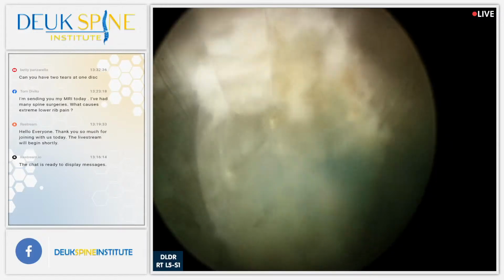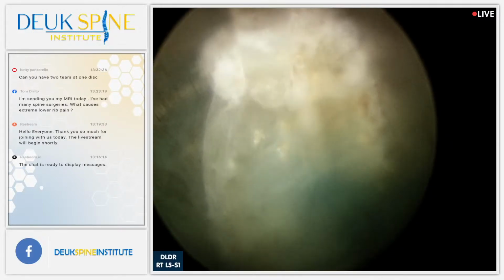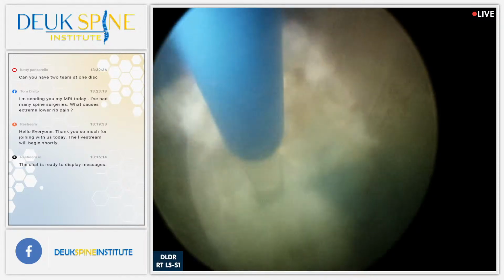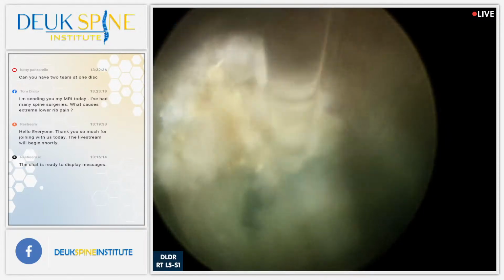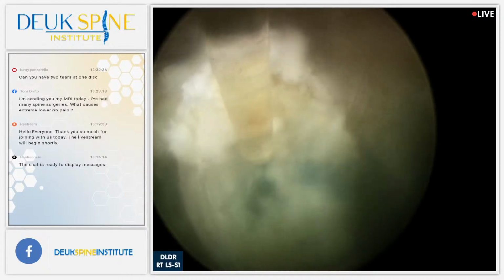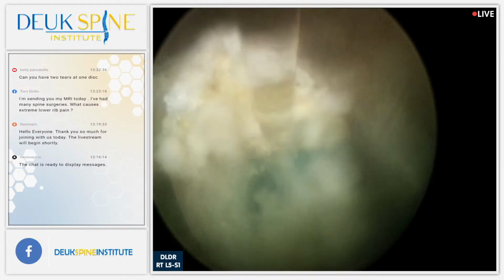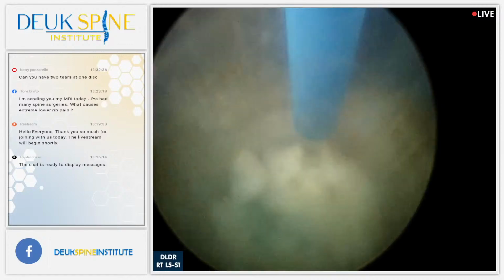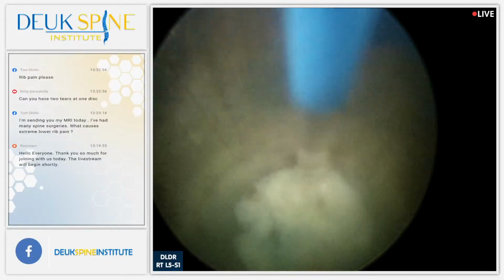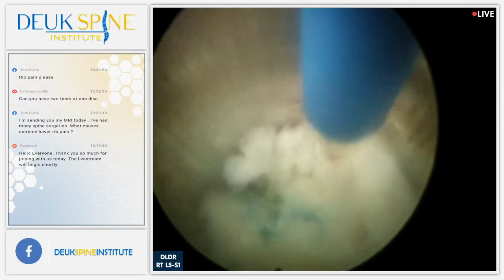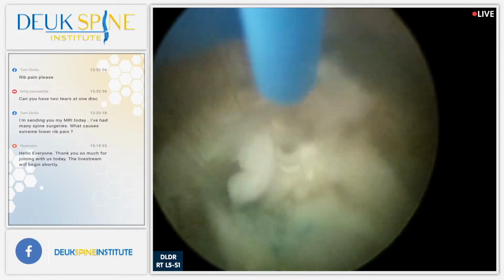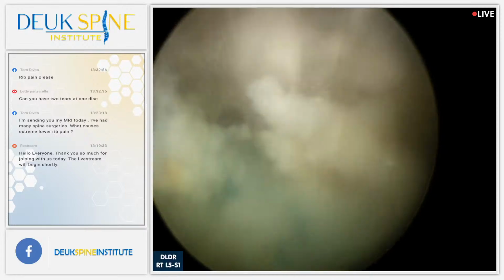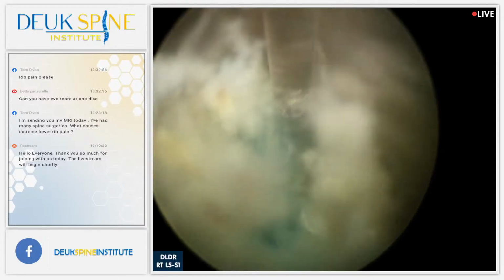Well, Tom, there's a few things that could be causing your leg pain. One is you could have a pinched nerve in your back. Two, you could have a pinched nerve in your buttock from a piriformis syndrome. Number three, you could have venous hypertension, venous stasis disease from incompetent vein valves. Number four, obviously you could have a tumor, fracture, or an undiagnosed gunshot wound, which I'm sure you don't.